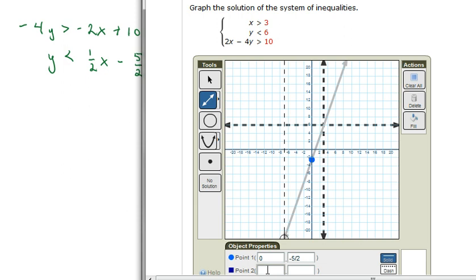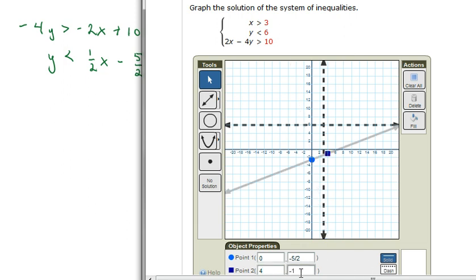If x equals 4, we'd have 2 minus 5 halves, which is 2.5 minus 5 halves, so we'd have minus 1/2. So there is our third line. And again, it says y is strictly less than 1/2 x minus 5 halves.